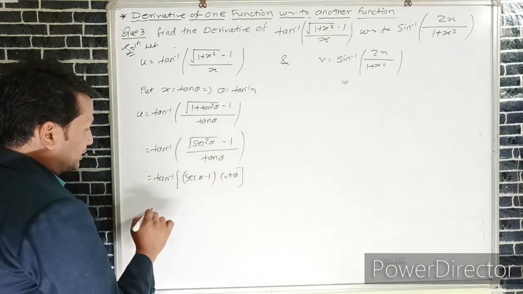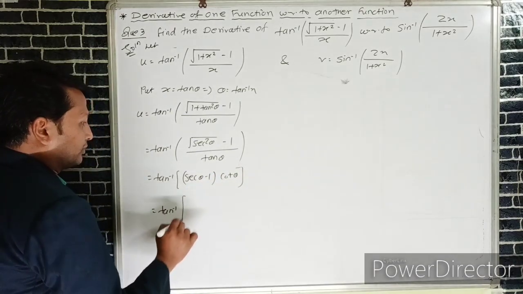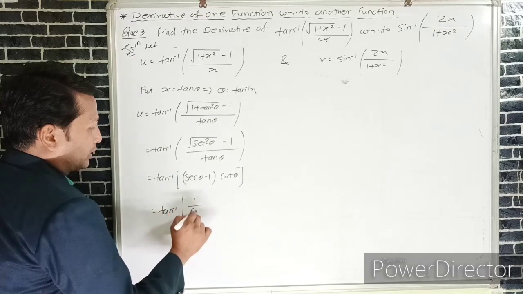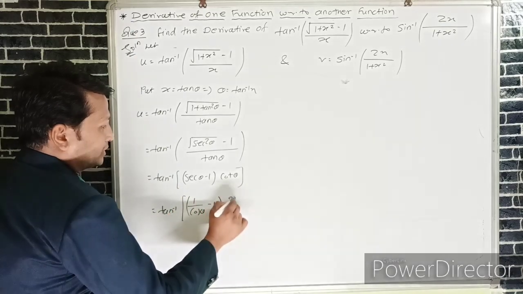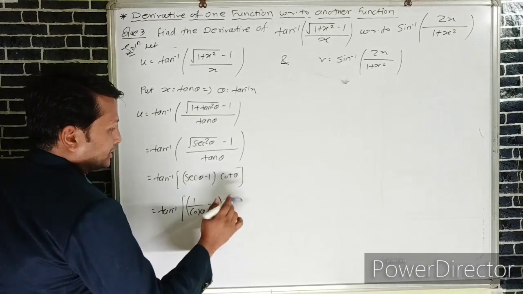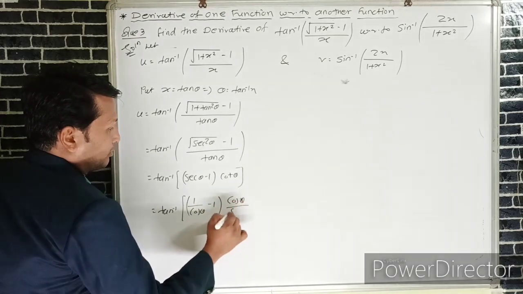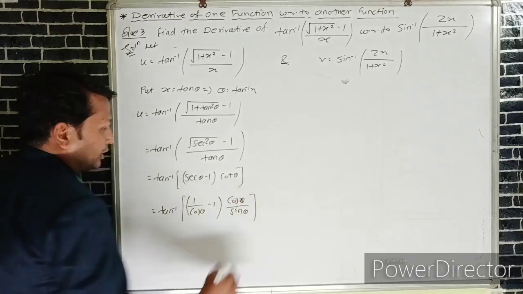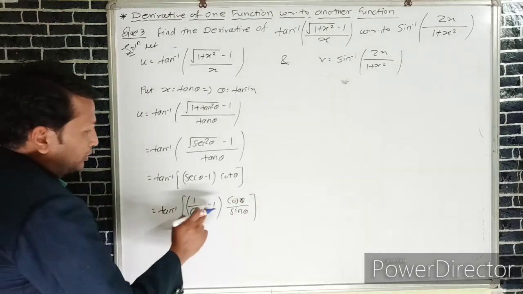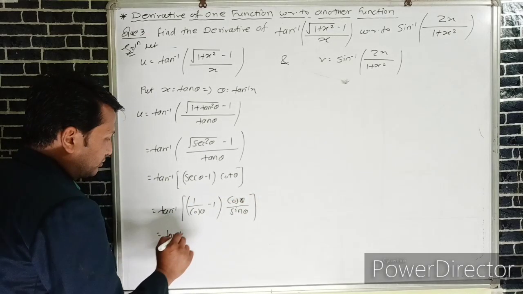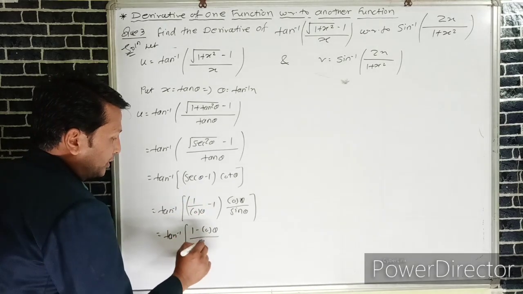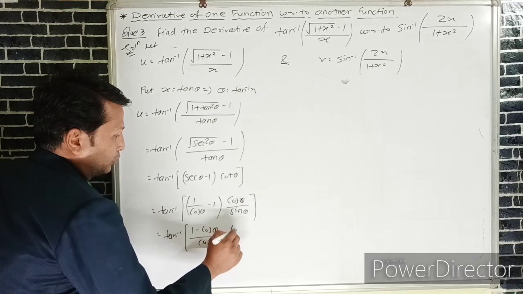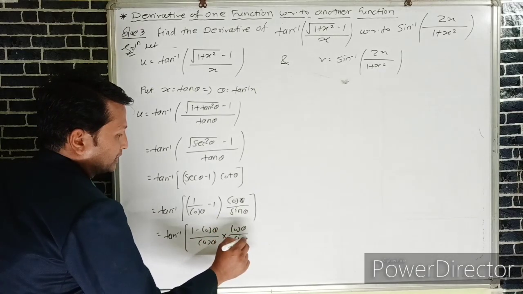If we solve this, we can write tan inverse of sec theta minus 1, that is 1 upon cos theta minus 1, into cot theta, which is cos theta upon sin theta. Now we can write tan inverse of 1 minus cos theta upon cos theta, into cos theta upon sin theta.